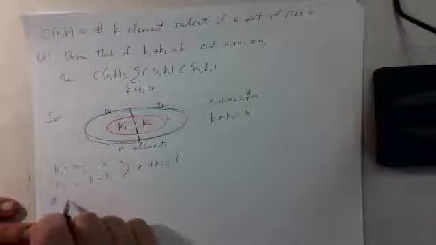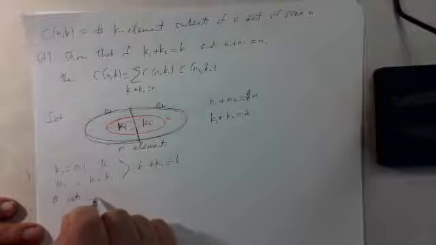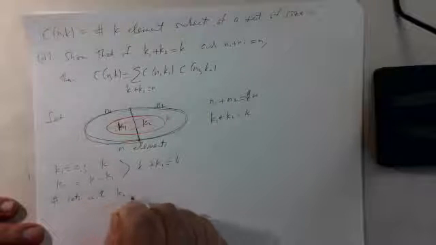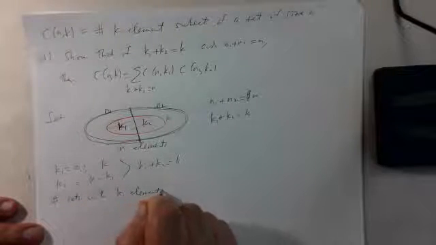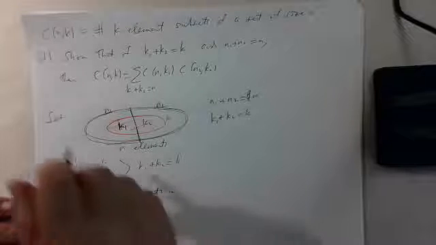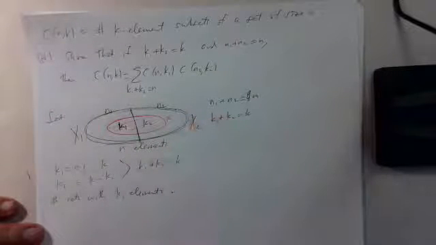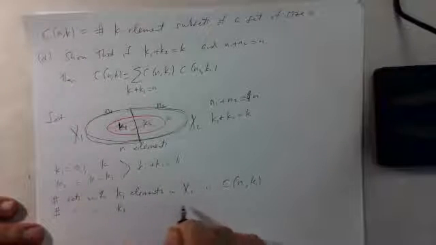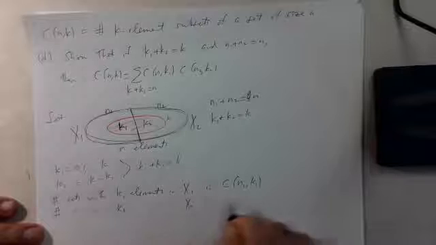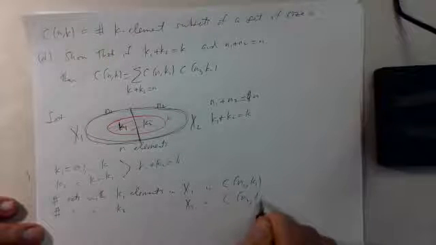So the number of sets with k1 elements, let's say I call this set x1 and this set x2, with k1 elements in x1 is the number of ways you can choose out of a set of n1 elements k1. And the number of sets with k2 elements in x2 is C of n2, k2.